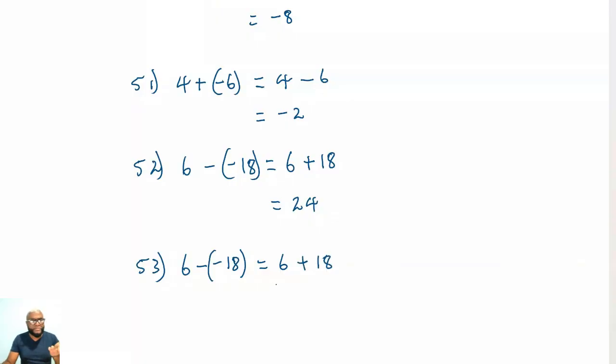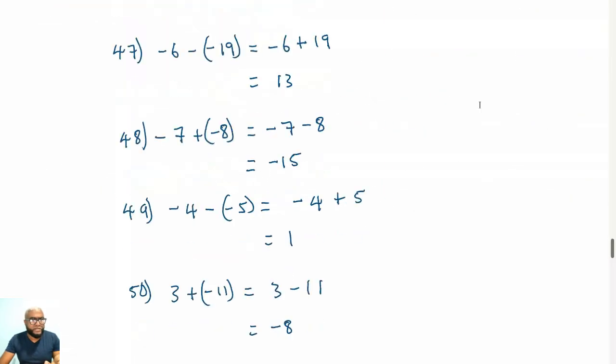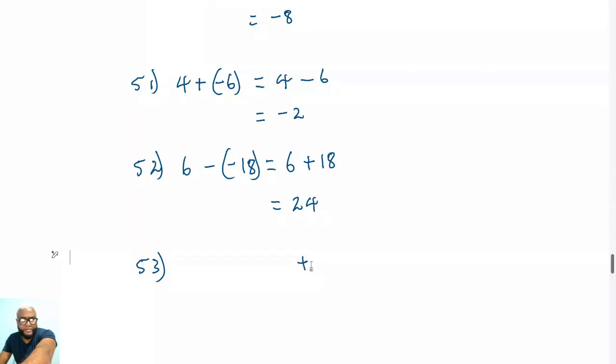Wait, is this the same question? 52 and 53? No, 53 is our next one. You gave me the wrong question. This is the same one we just did. Give me 53. What's 53? 4 take away, in brackets, negative 3.